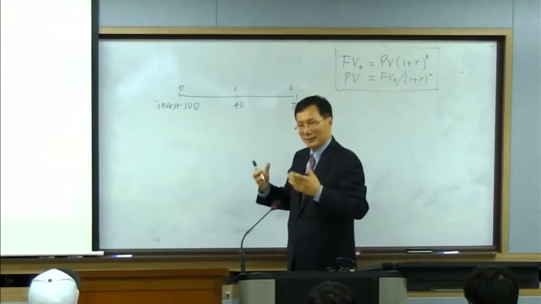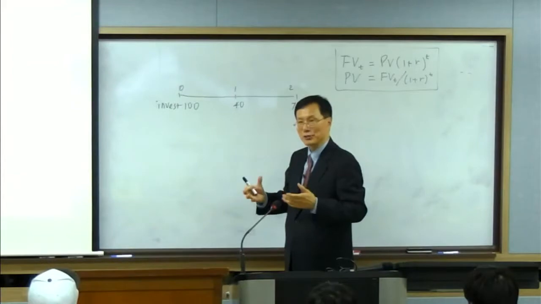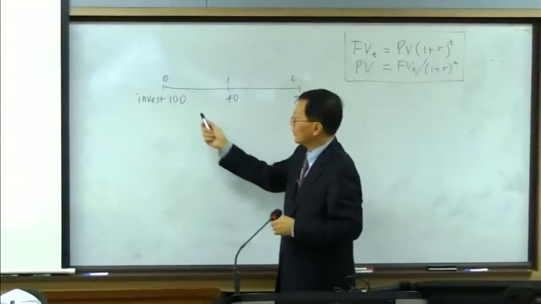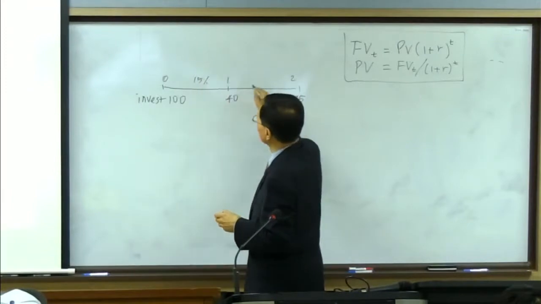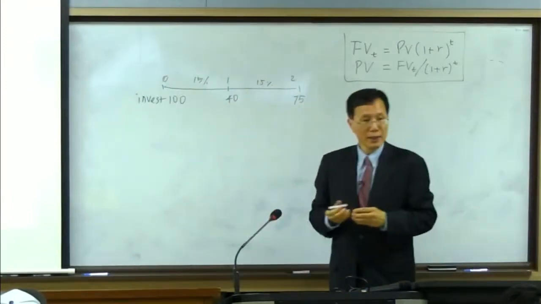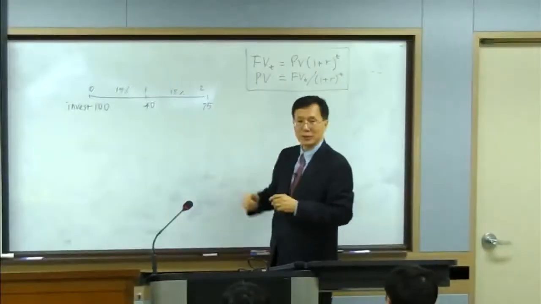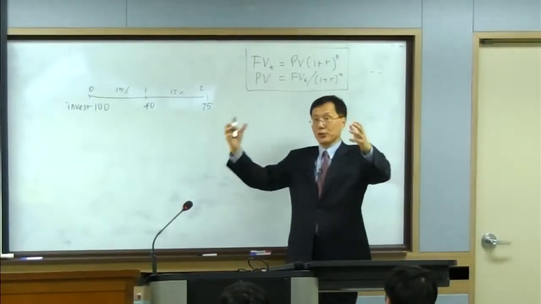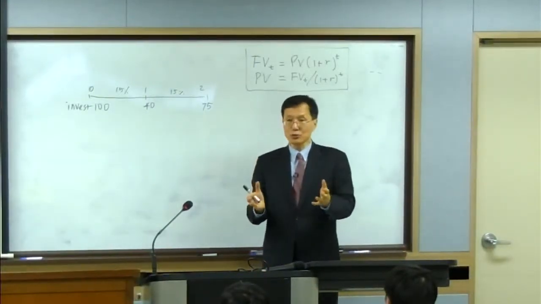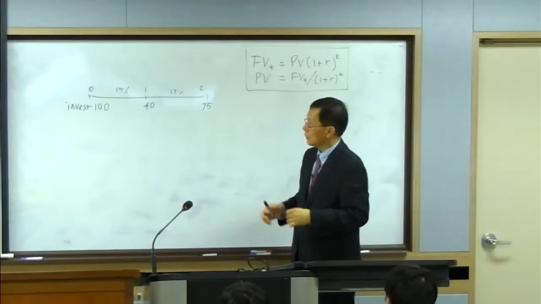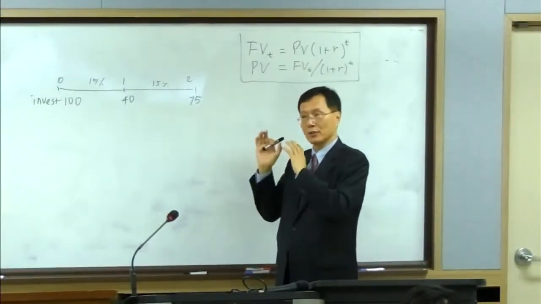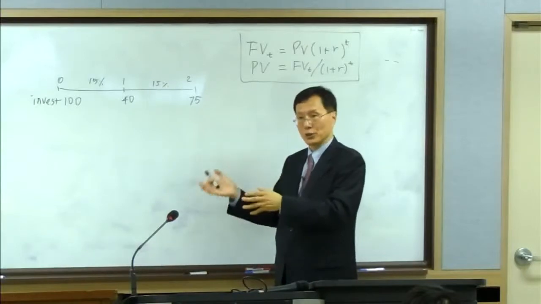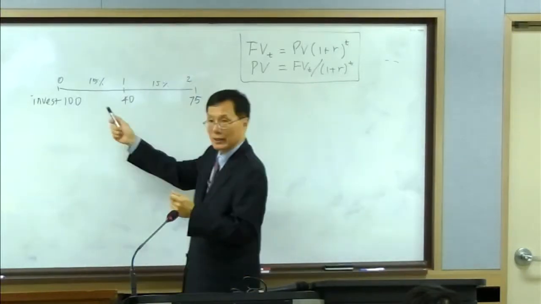And the story already sounds very fishy. You are earning 15% interest on your money, and you are given this opportunity, and your broker is talking you into this deal that I will give you 40 this year, next year, and 75 the following year if you invest today 100.